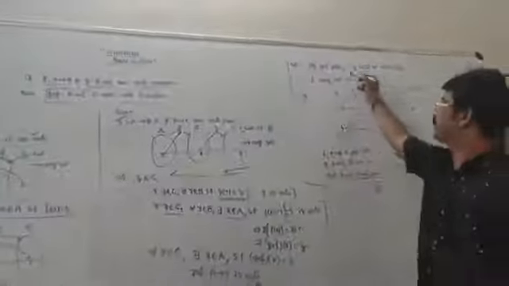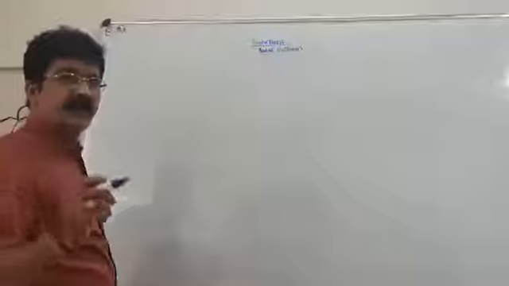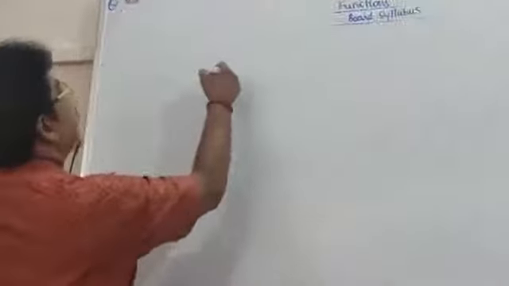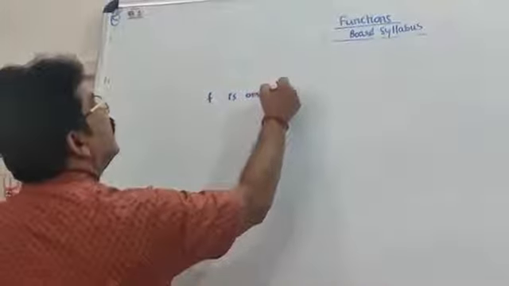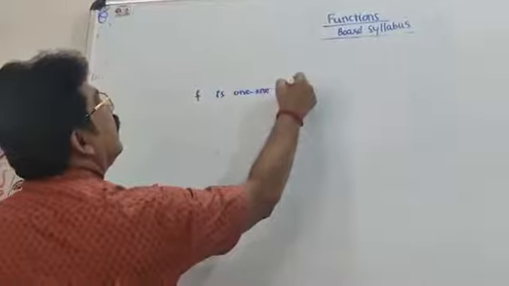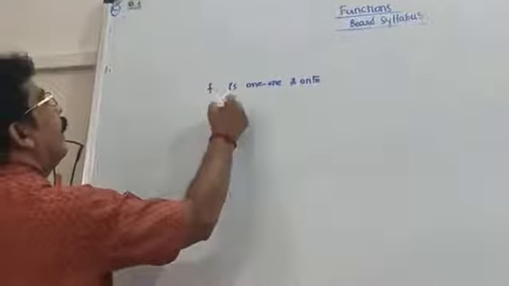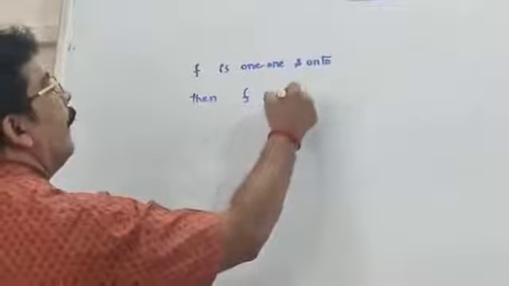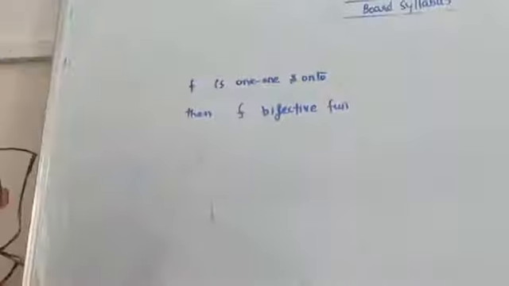Hence the theorem. This theorem with proof, with example, this statement is very, very important for board level examination. Small and important definition. Already I said, if f is a one-one function and onto function, then f is called a bijective function.